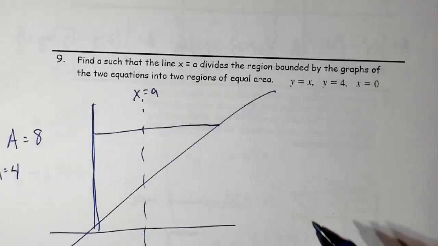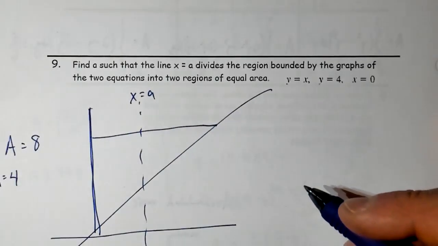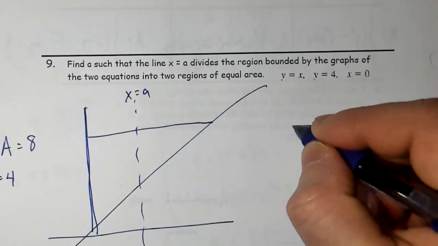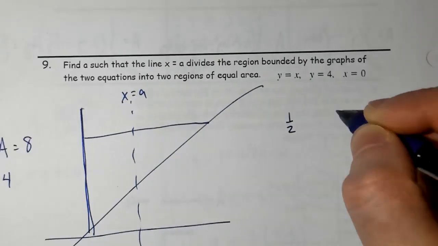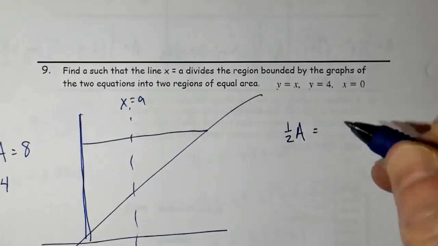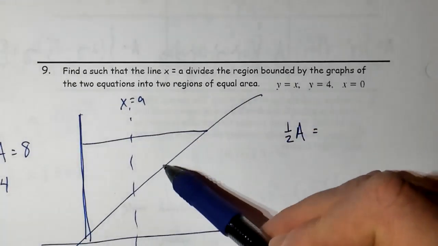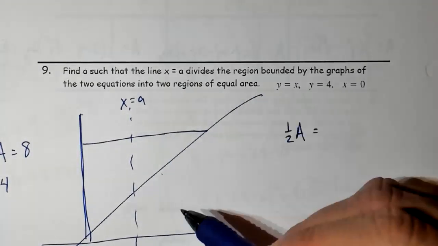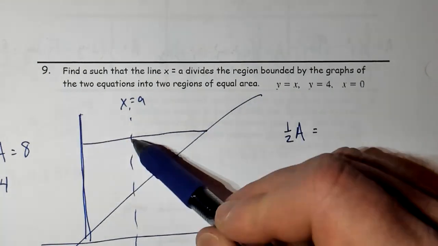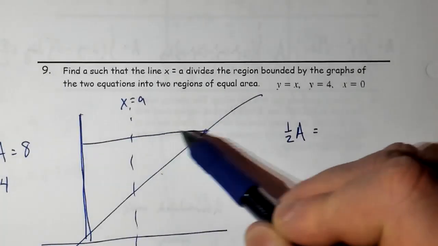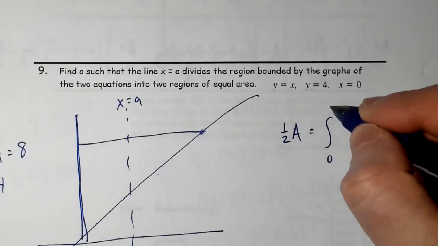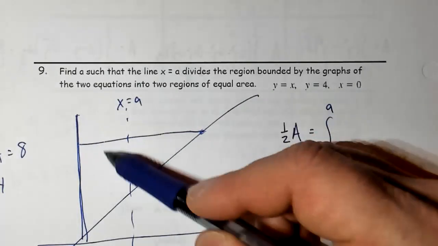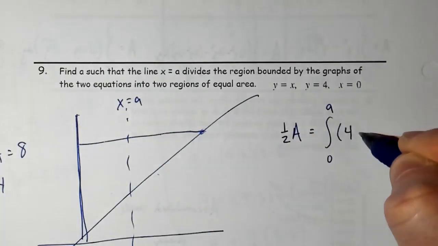So half the area equals, well, top minus bottom. It doesn't really matter which one you go to. You can go from 0 to a or a to whatever this x value is. I'm going to go from 0 to a. So from 0 to a, it's going to be top minus bottom, which is 4 minus x.